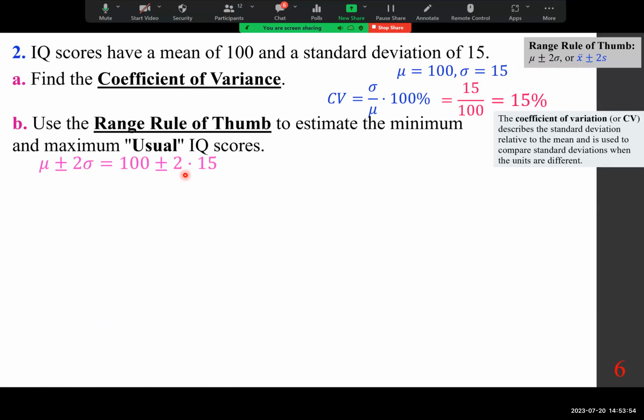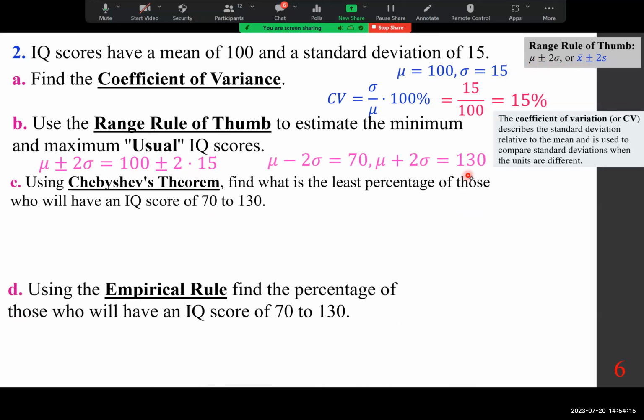This is 30, so 100 minus 30 and 100 plus 30. That gives us the range of 70 to 130. In other words, from 70 to 130, it's the range rule of thumb. We are going 2 standard deviations away, which according to the empirical rule covers about 95% of the data, and most of the time that's good enough.